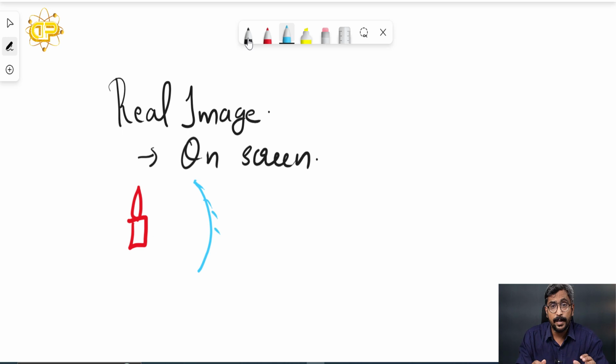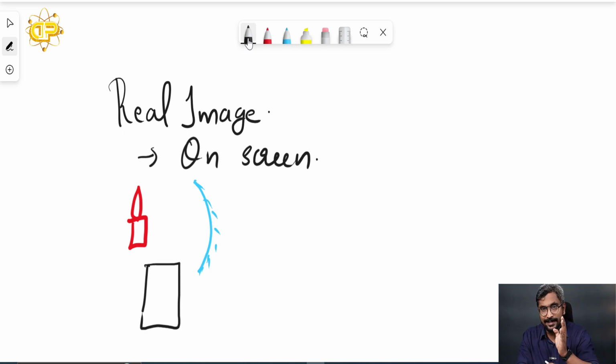You will later find out what type of mirror this is; now there is no need to worry. There is a mirror here, and you're keeping a white paper or white cloth, which we call a screen. If you place that screen at a certain position, you can see an image is formed.